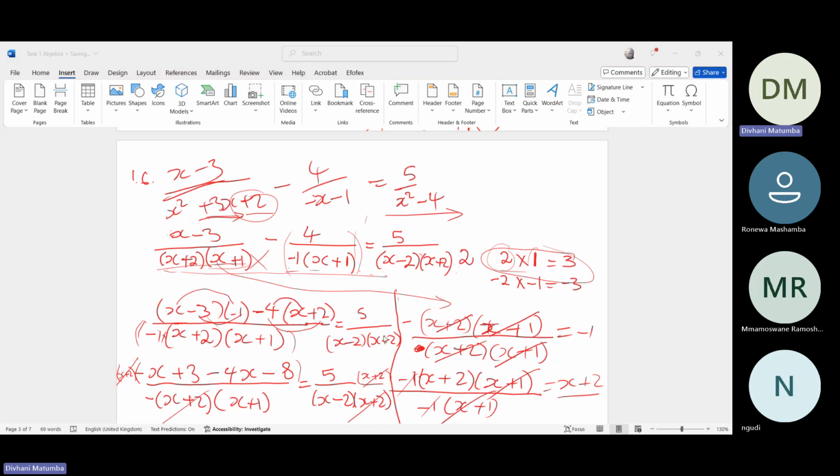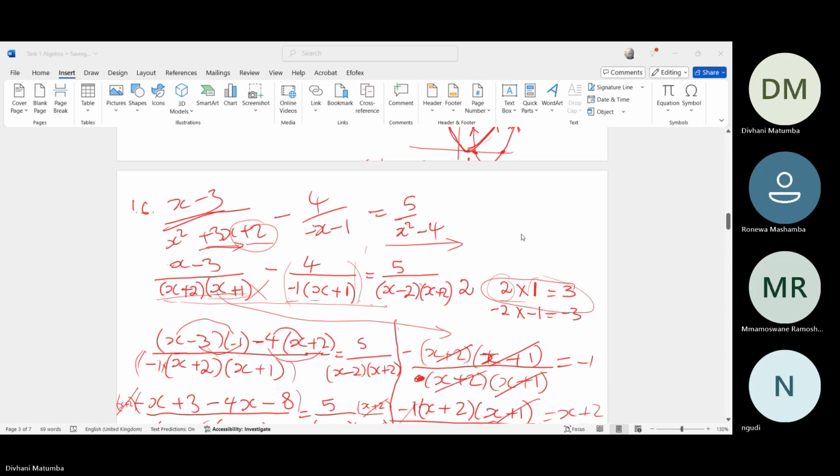Now I just want to teach you guys a very simple method of finding the LCD, because it can be very hard sometimes, but we can simplify it. Now, the best way to find the lowest common denominator is to do the following.